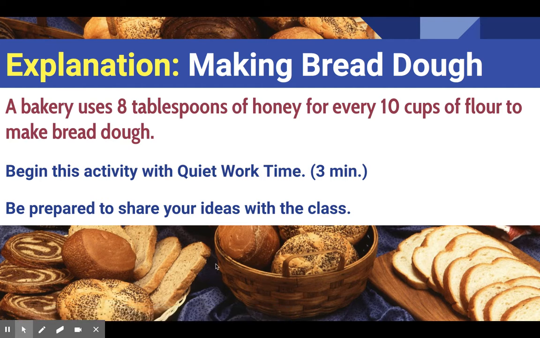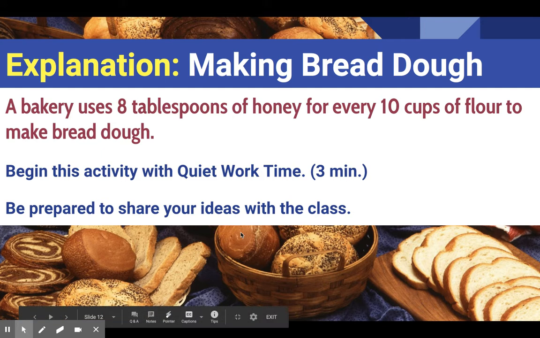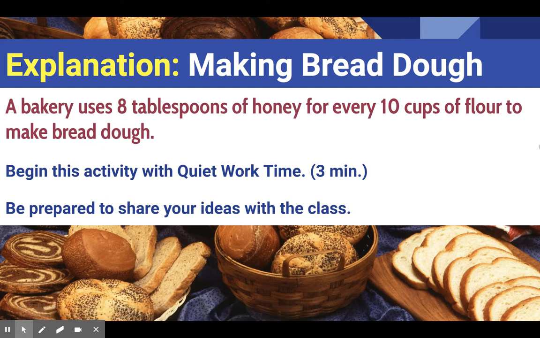So we're going to begin this activity with some quiet work time, about 3 minutes, for you guys to go ahead and complete the table and then also the questions that are listed there, 1, 2, 3, and 4 in your student companion. So let's take about 3 minutes where we're going to pause this video and then we're going to do the work in our student companion.